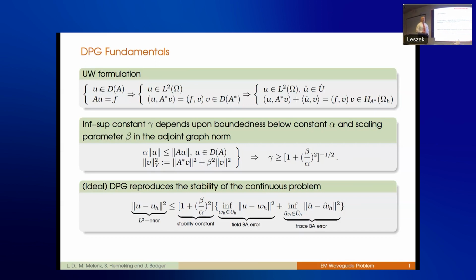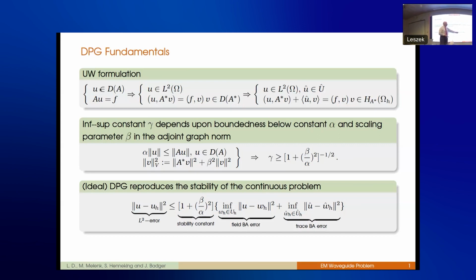So here's the first thing that I'm not going to prove, even though the proof is about 2 lines. If the original operator in a strong setting is bounded below by the constant alpha, and in the DPG computations, you are using what we call the adjoint graph norm with a scaled L2 part, then this is the inf-sup constant for the corresponding ultra-weak variational formulation with broken test spaces.